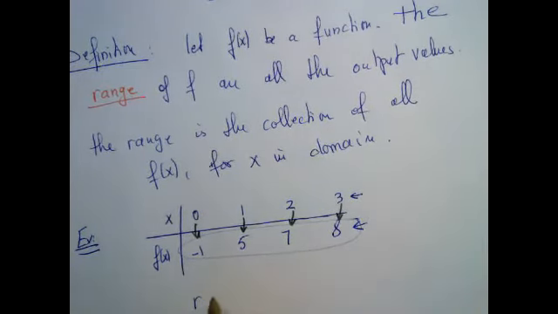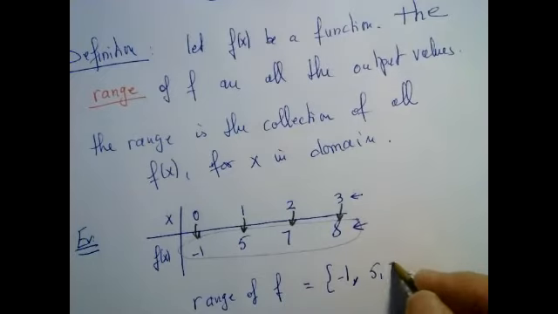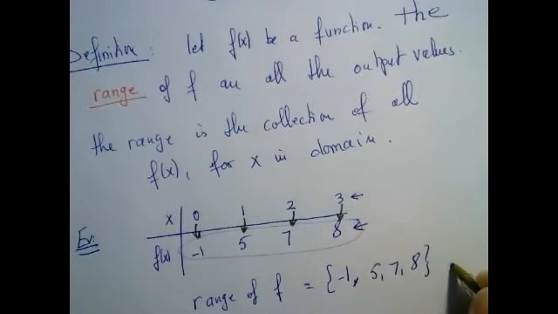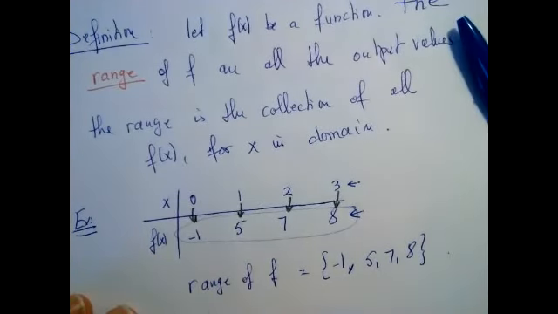So the range are all those output values. Means all the f of x. Okay, so this is the range. It's all the f of x, all the y values. The domain here is what?